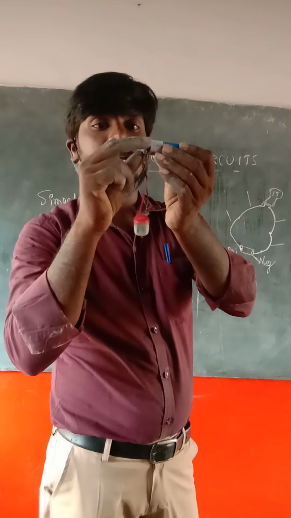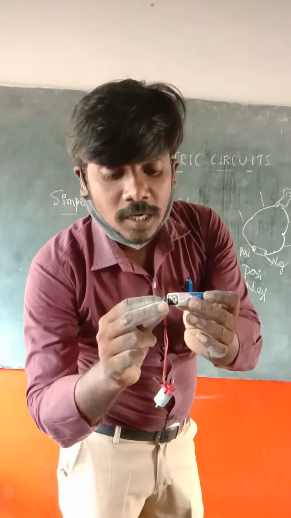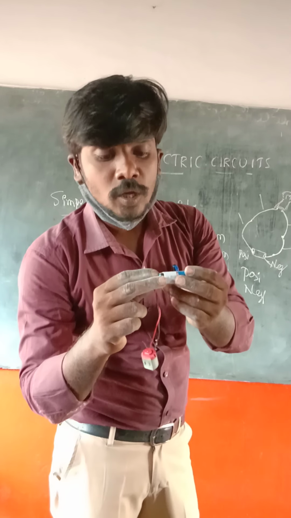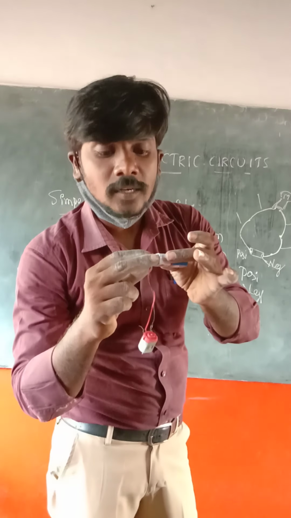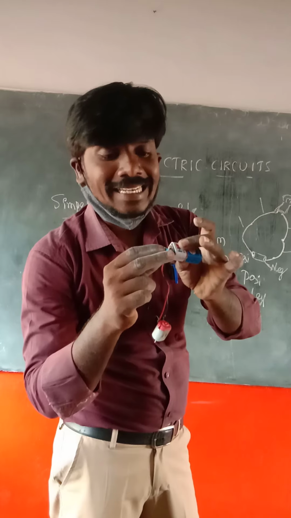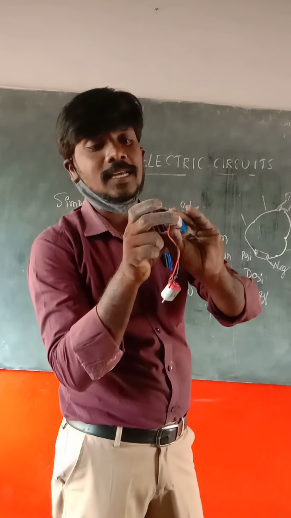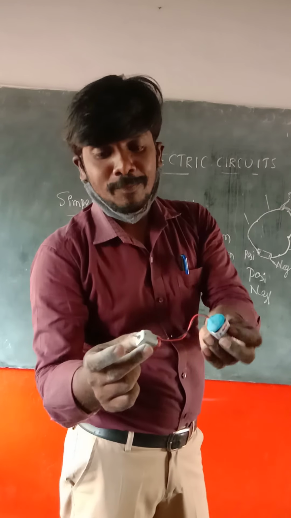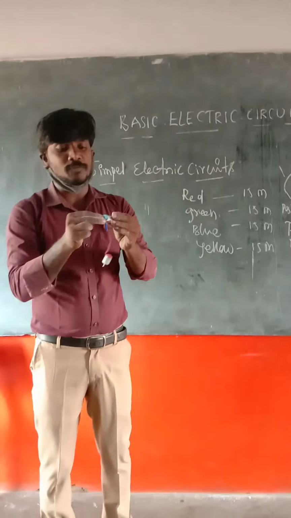Already the power supply is there. Why? Because the negative terminal indicates negative and the positive terminal indicates positive. If negative and positive are swapped, they can't supply the power. So that's why one is always negative and one is always positive. So this is the simple electronic circuit, and the power will be supplied from the switchboard.